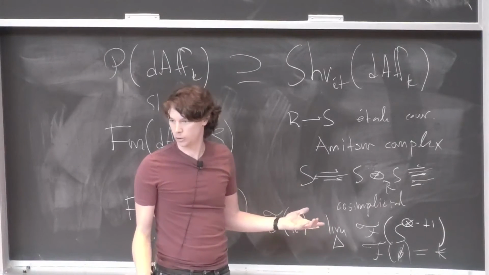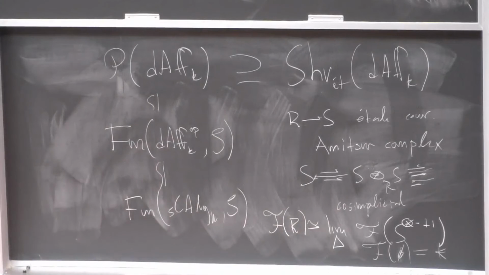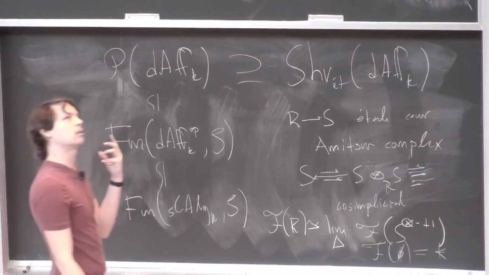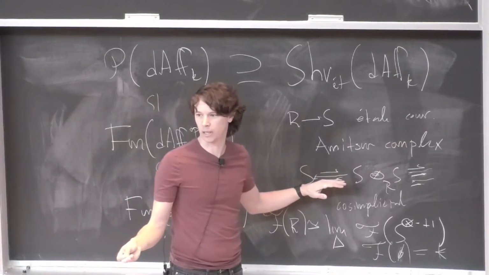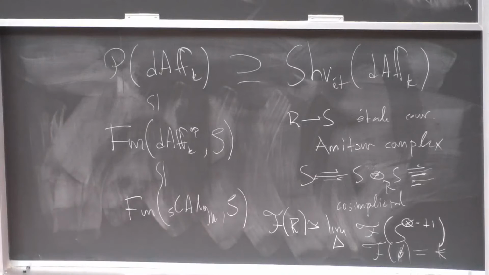And that turns out to be true. So one proves that. And in this case, you can even reduce to the classical statement in algebraic geometry. You can reduce to pi 0. OK.